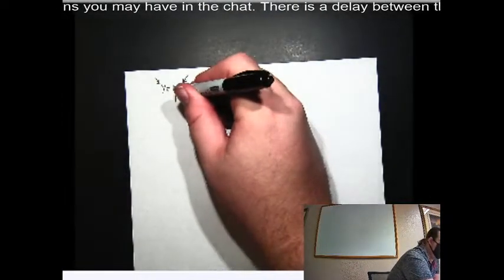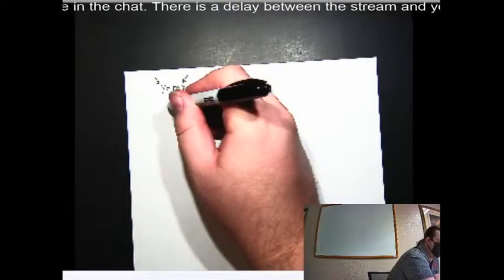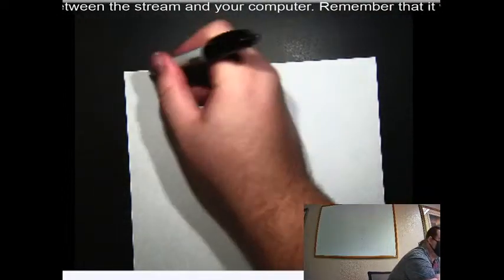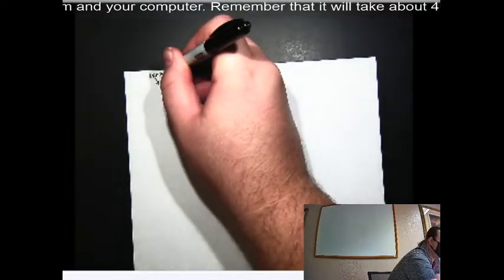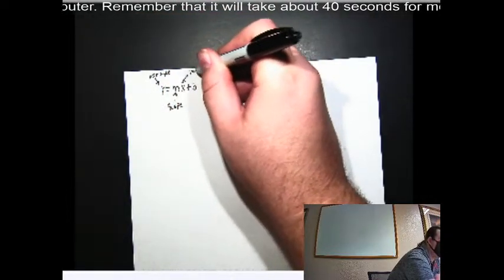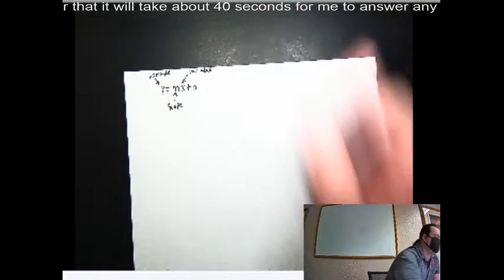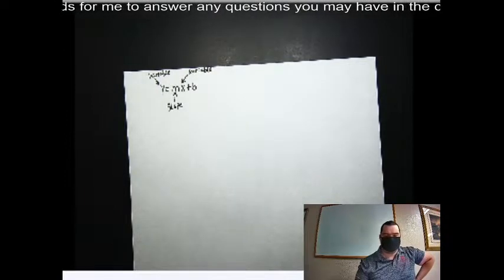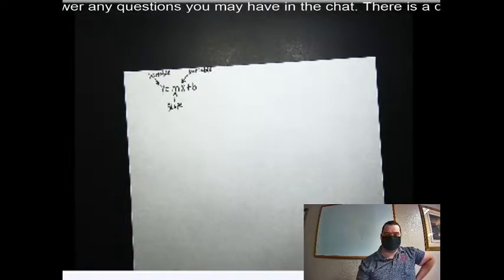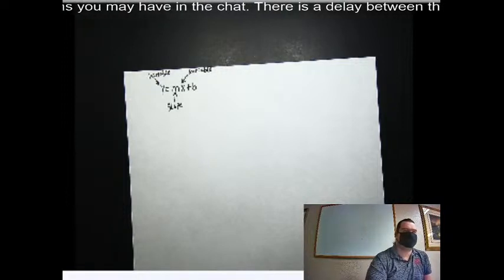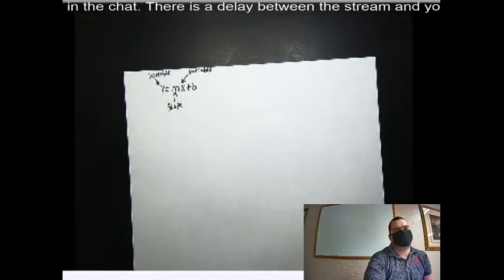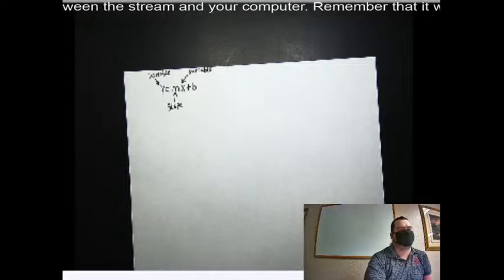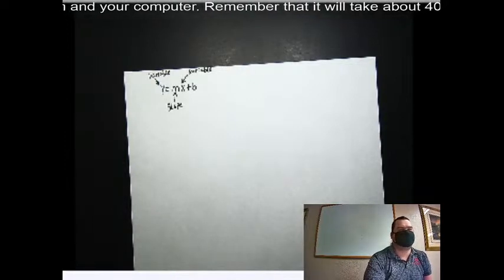M is what's called the slope. Should label these two. Okay? So slope is how is this thing changing? You know, how quickly is it changing? Is it going to be increasing? Is it going to be decreasing?